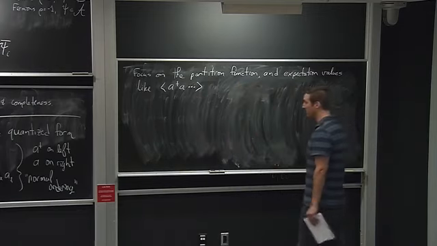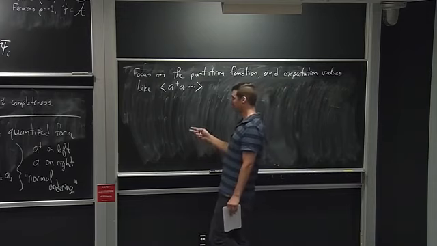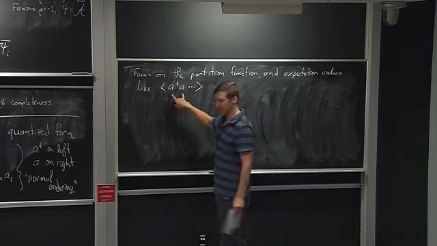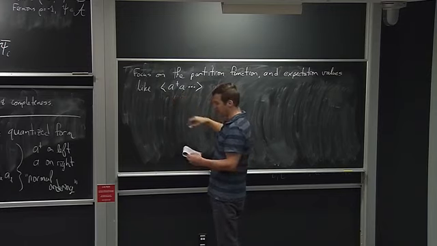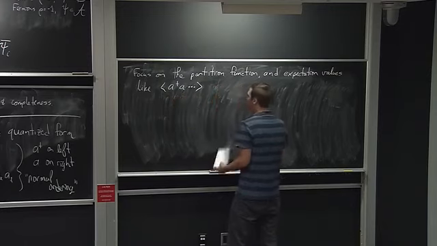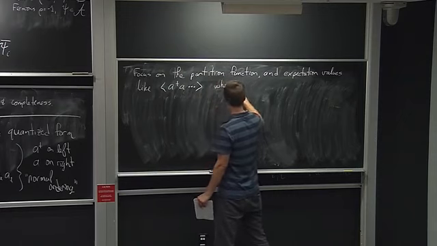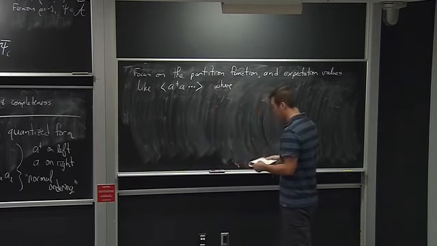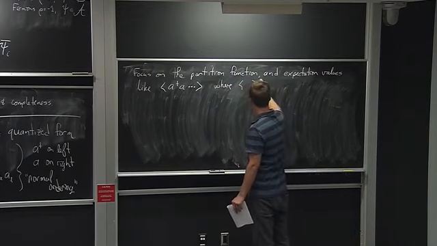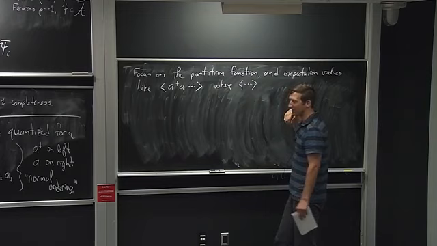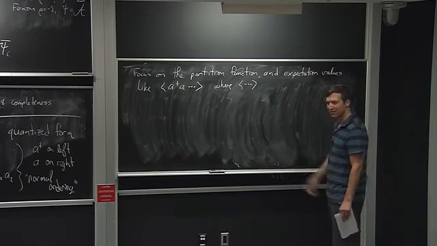I'll talk a little bit about Green's functions and so on. But for now, let's just imagine that I want to calculate the expectation value of this thing. And what is this notation? I guess we've maybe run into it before, but this is just an average, if you want to call it that, over some grand canonical ensemble, right?